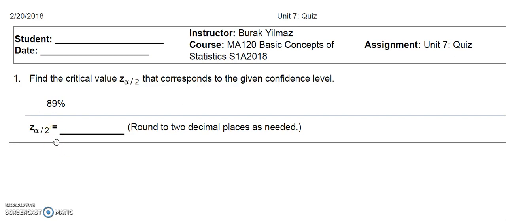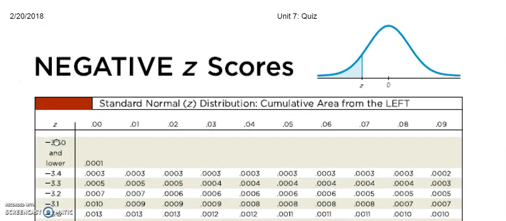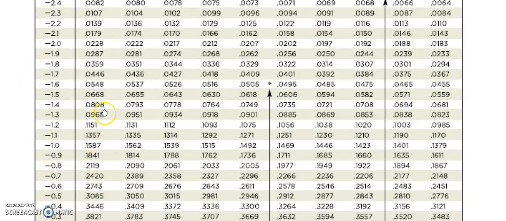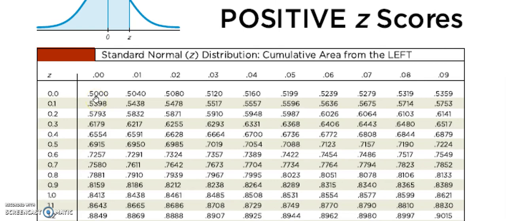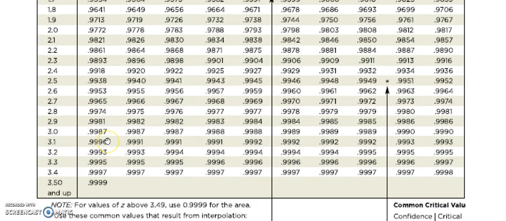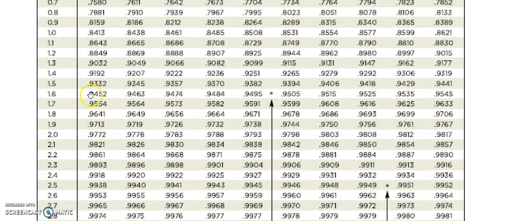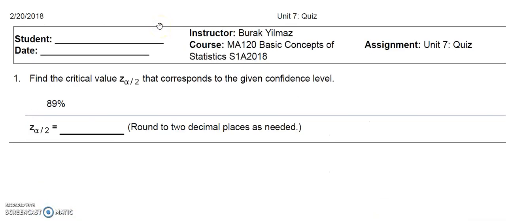So we go to the table and find where we see 94.5. Okay, it's actually right here, 94.5. This is a little less, so 94.5 is right at 1.60. So the answer to this would be 1.60.